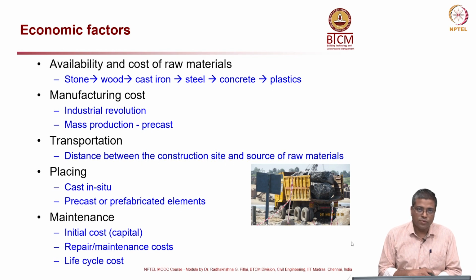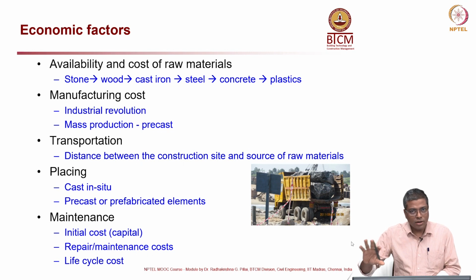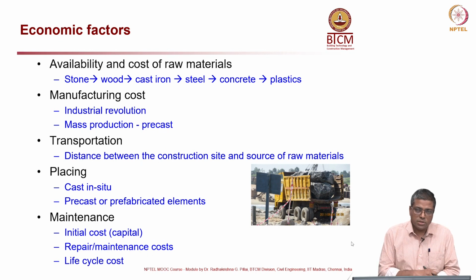Placement means the placing of concrete or whatever material we use. So, you have to see if precast is an option. If it is not, maybe you will have to go with cast in situ. Especially, if you can think about a design with multiple elements of the same type, for example a bridge structure, there are a lot of beams used in bridges, and all those beams can be designed in a similar fashion.